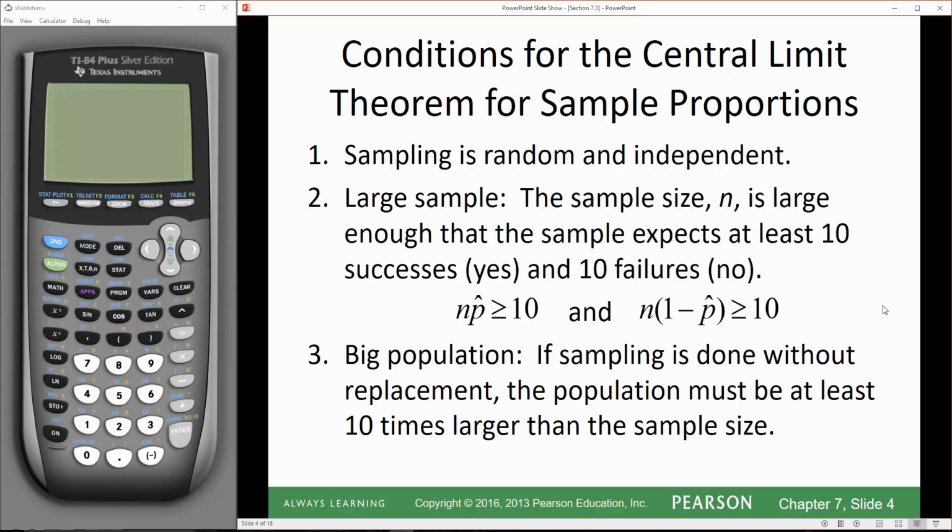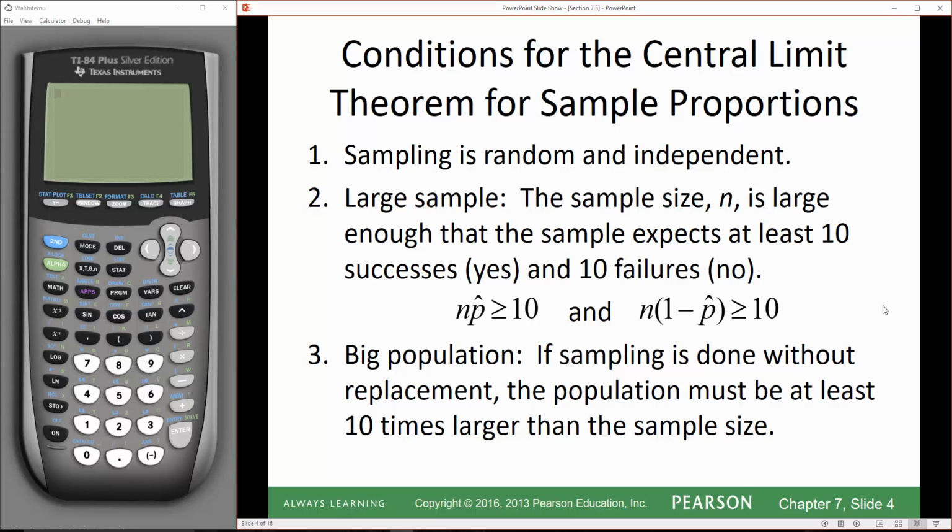So here are the three conditions that the book suggests for the central limit theorem. One is that we need my sampling to be random and independent. The next is that we need a large sample. So the sample size n is large enough that the sample expects at least 10 successes and 10 failures.